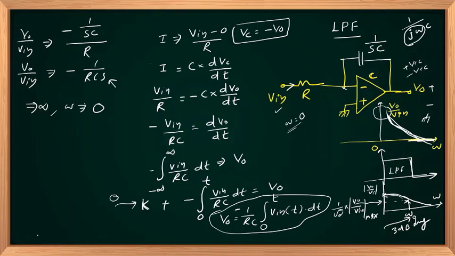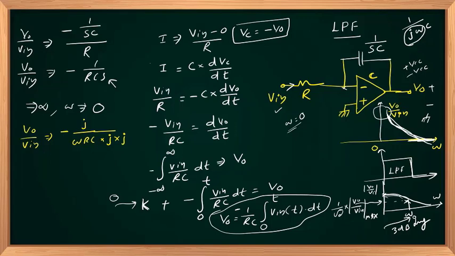If I multiply numerator and denominator by j, V out by V in will become minus j upon omega RC multiplied by, since S was j omega, j multiplied by one more j.